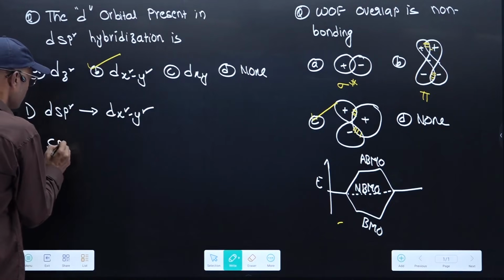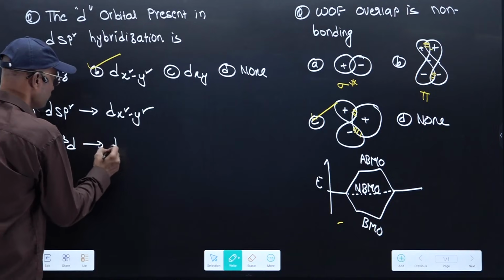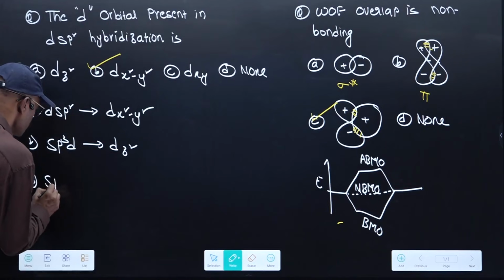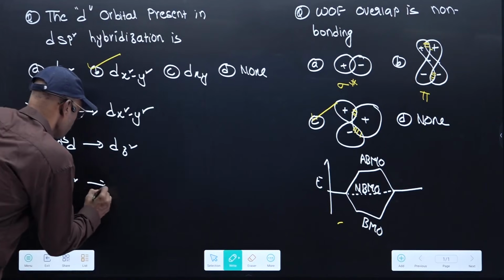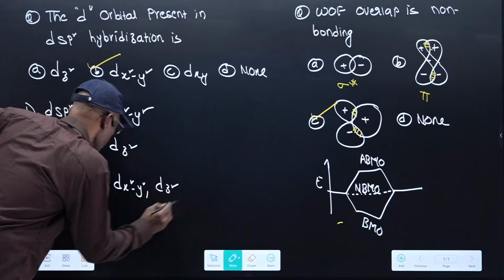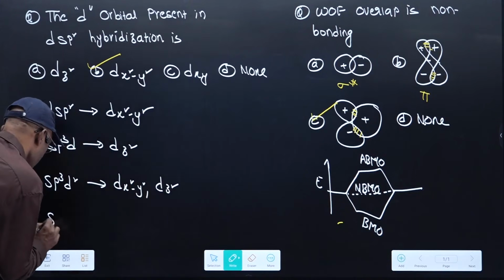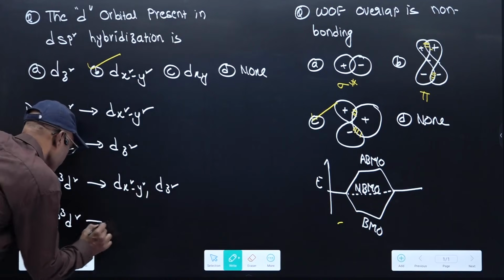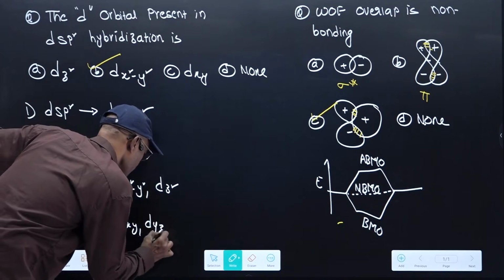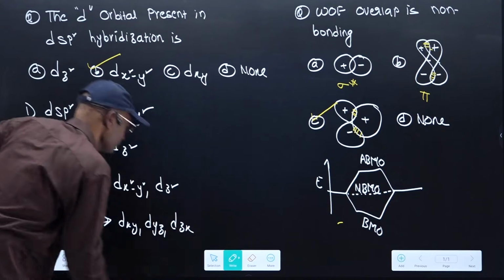If I take sp3d, you will get dz square. If I take sp3d2, then dx square minus y square and dz square. Then if I take sp3d3, then dxy, dyz, dzx, they are the orbitals.